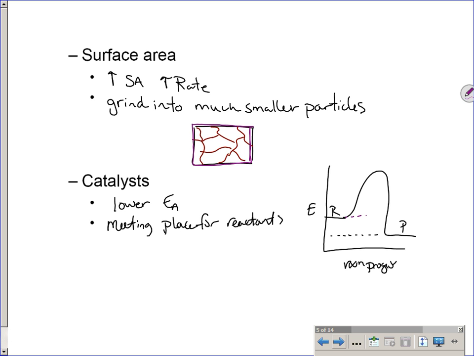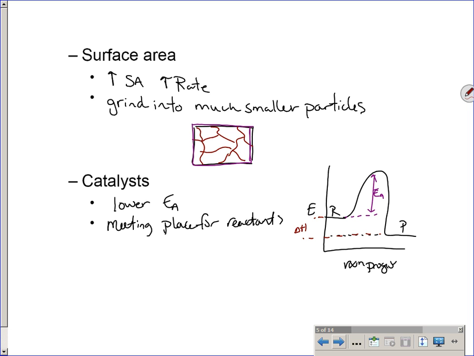So this value here, from the energy that the reactants already have to the top of this hump, is the activation energy. And then this difference here between the energy of the reactants and the energy of the products is the enthalpy of reaction, the heat of reaction.